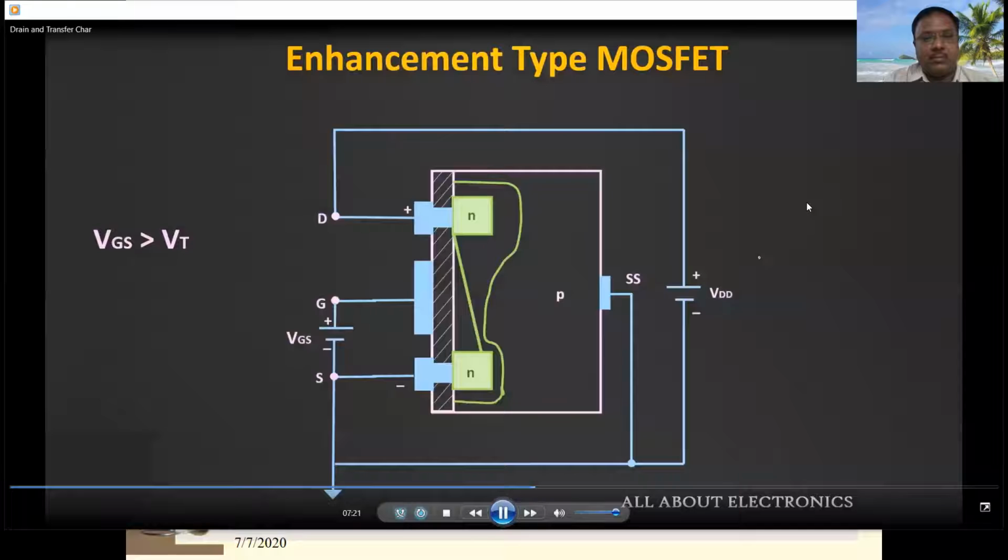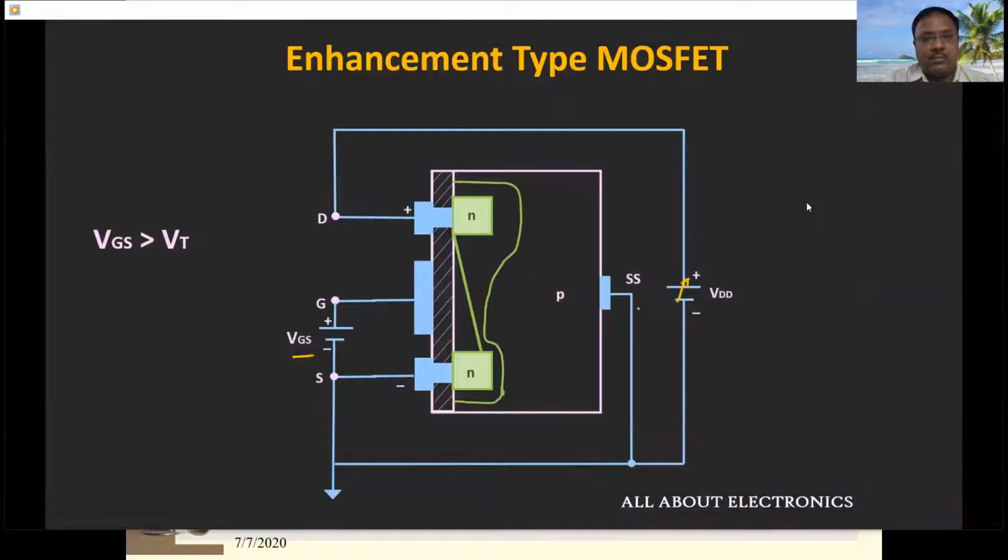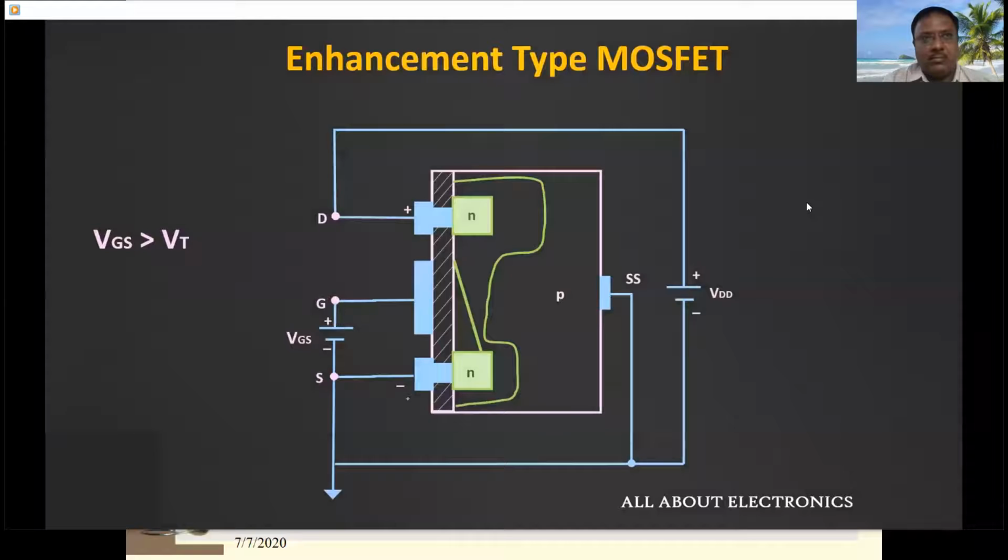Because at the threshold voltage, the channel is just getting created between the drain and the source terminal. So for a fixed value of VGS, if we further increase the value of VDS, then the difference between the gate and the drain terminal will be even less than this threshold voltage. And due to that, the channel will not get formed towards the drain terminal. So it appears that the current through the channel should become 0.